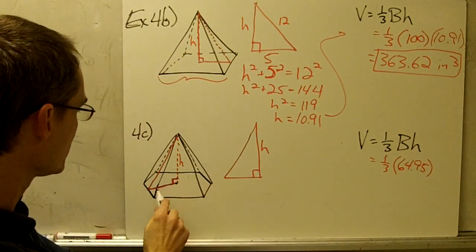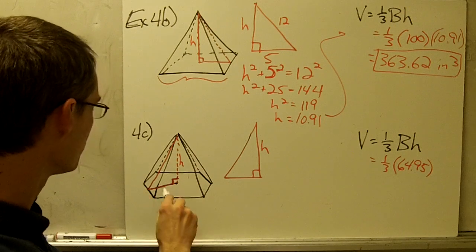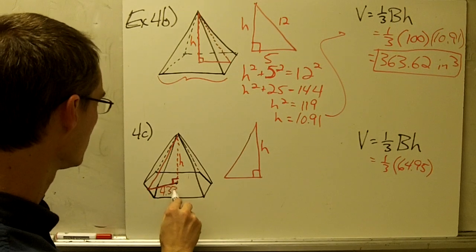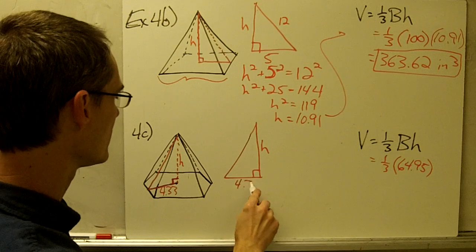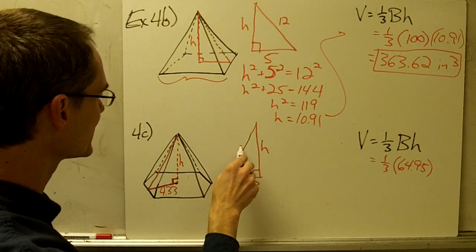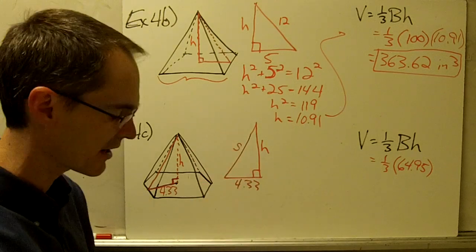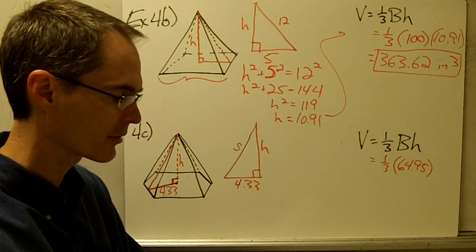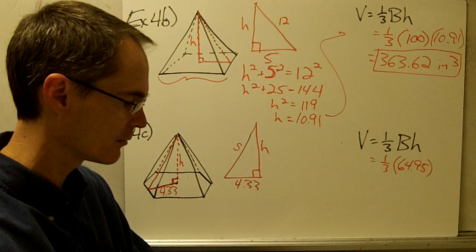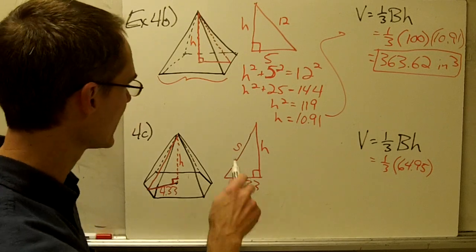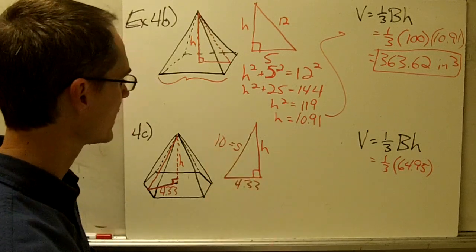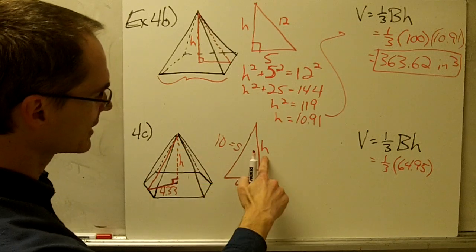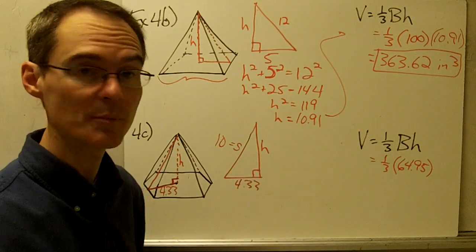This line here, I'm told is 4.33 feet. And this is my slant height. I calculated the slant height of my hexagonal pyramid over here in example number 3, or rather I was given that value. That slant height is 10. I'm given that in the picture. So now I have enough that I can calculate my value of h using the Pythagorean theorem.